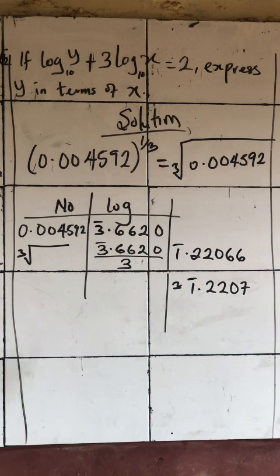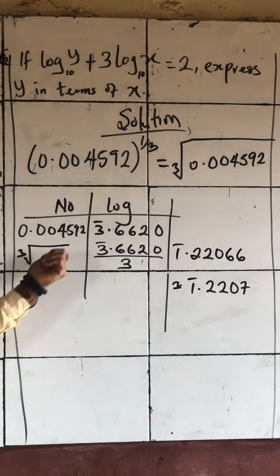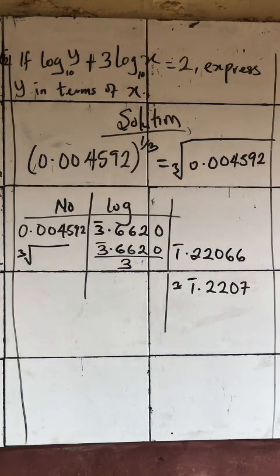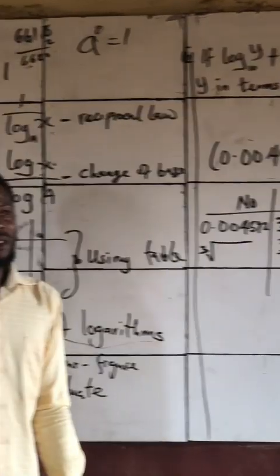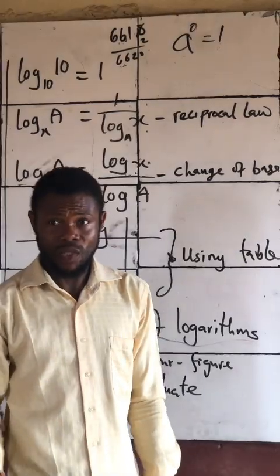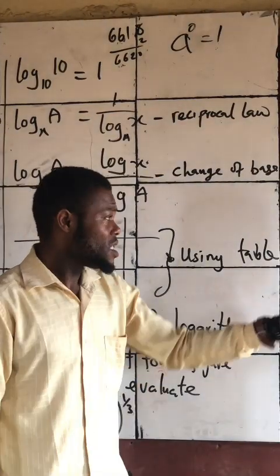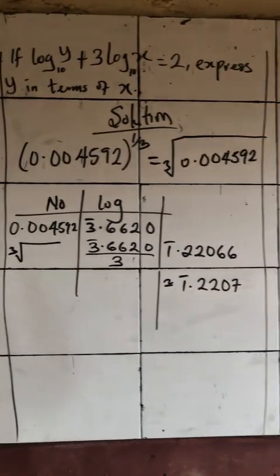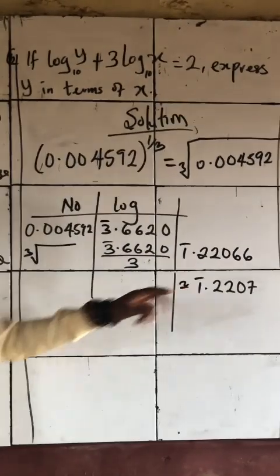We are dealing with 4-figure table. So when you are dealing with 4-figure table, your number must not be more than 4 figures, because those at the back are useless in some cases, except it is between 5 and 9 that you can round up to give you 1, and that is why we have this.